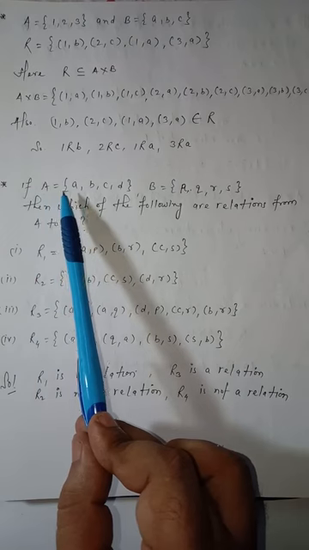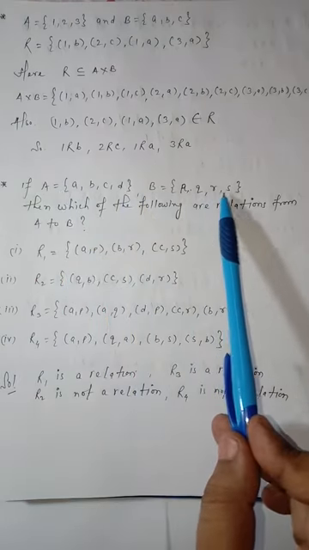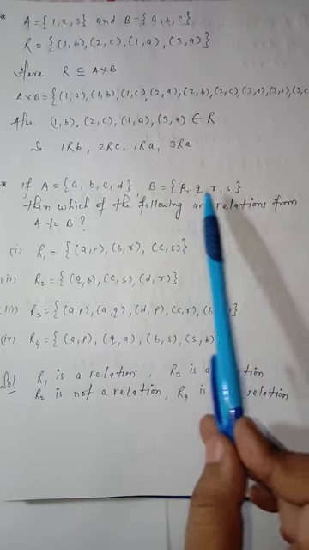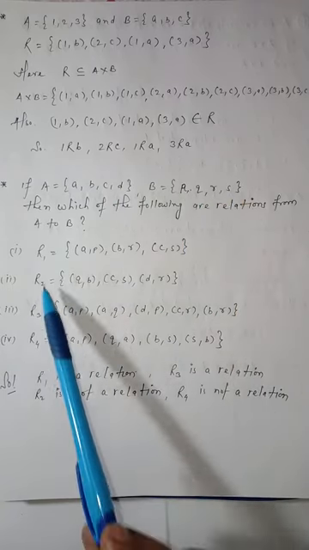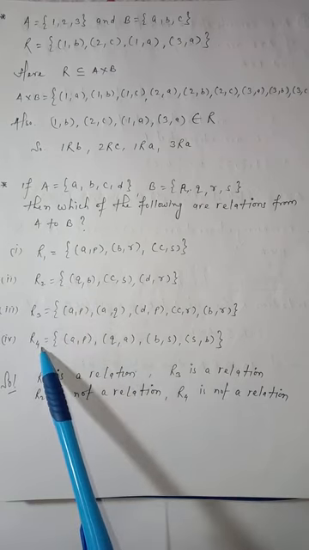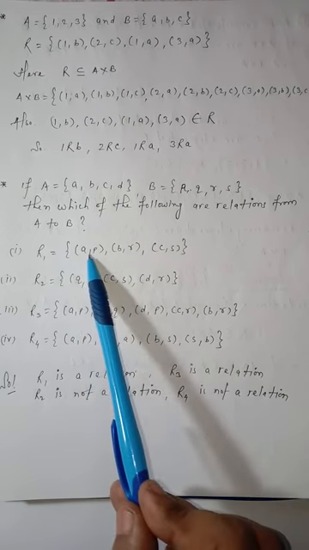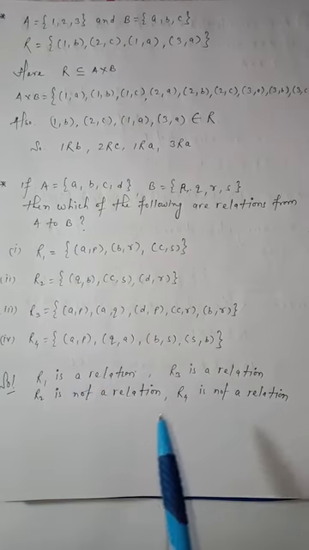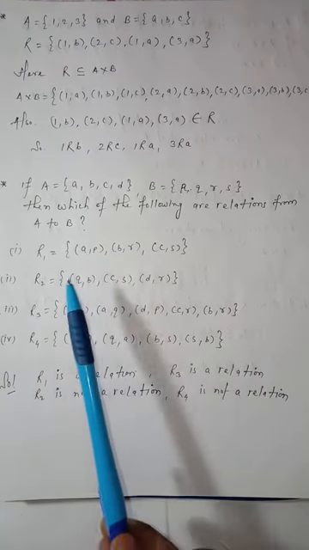Now take if A is {a, b, c, d} and set B is {p, q, r, s}, then there are some sets given in the form of R1, R2, R3, R4. You have to check whether these are the relation from set A to B or not. Now I am going to tell you a very small trick.